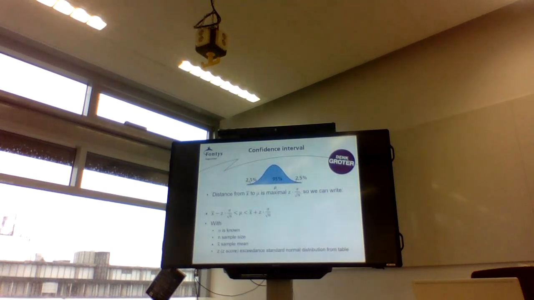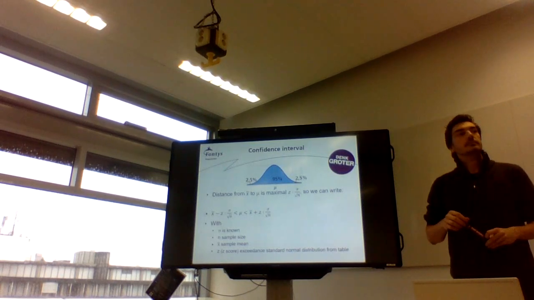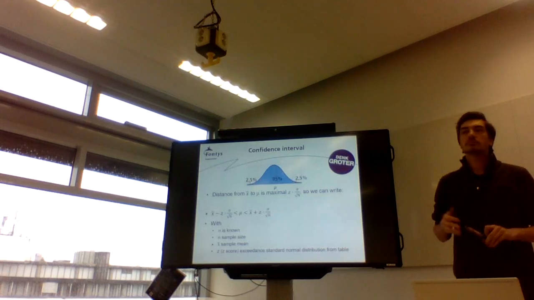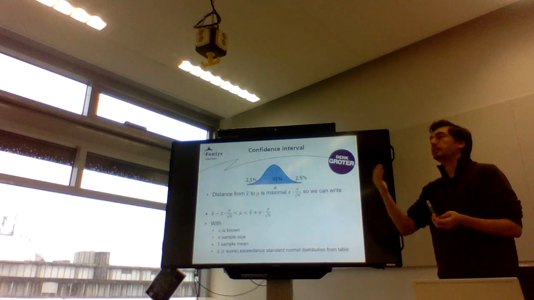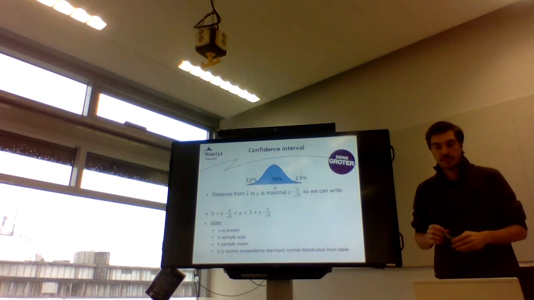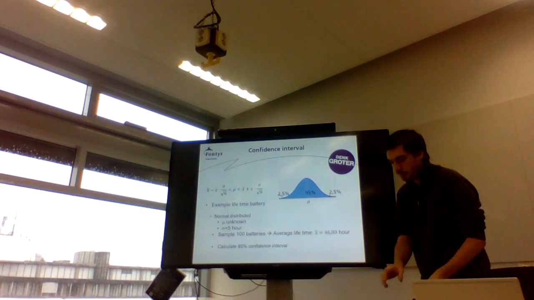From that confidence level, we can determine the value of Z. Yeah? So the Z value, the Z-score, is something you have to read out from the tables of the statistical compendium. Now, let's do an example.